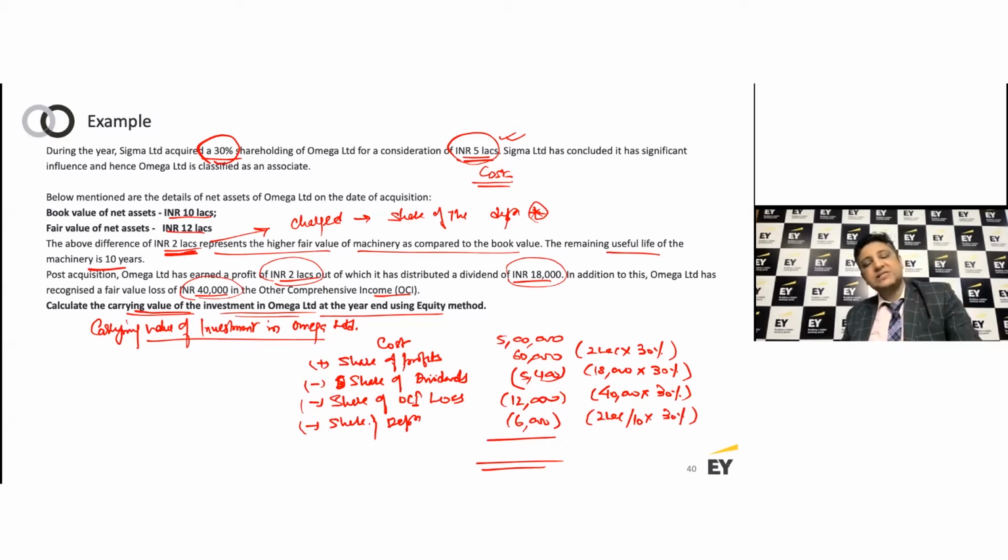So even that adjustment is required to be made when we look at the investment made in an associate. Okay, so when I look at the total now, it says 5,60,000 minus 18,000 makes it 5,42,000, minus 5,400 would be 5,36,600. So your carrying value of the investment at the end of the year would be 5,36,600 in the given case.